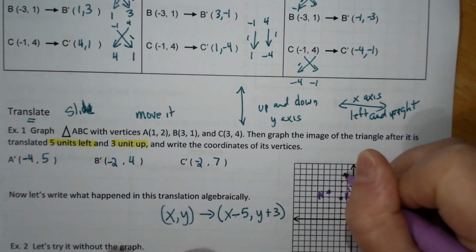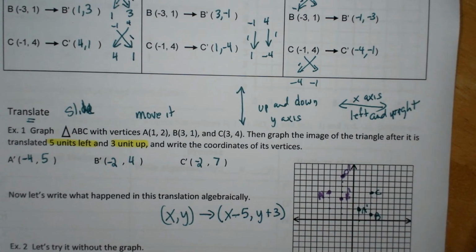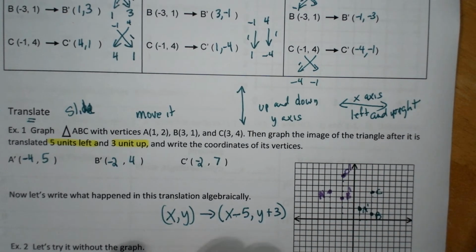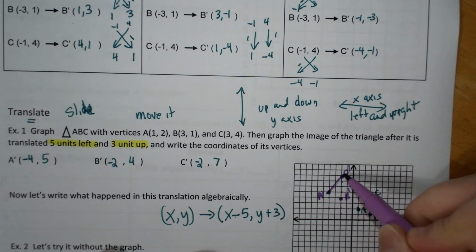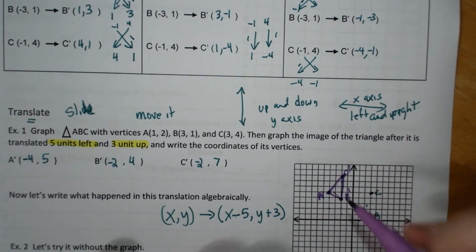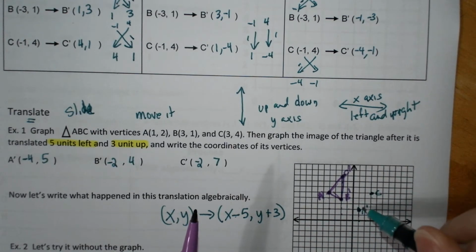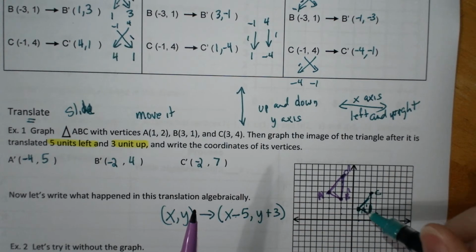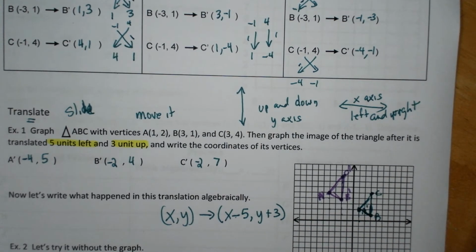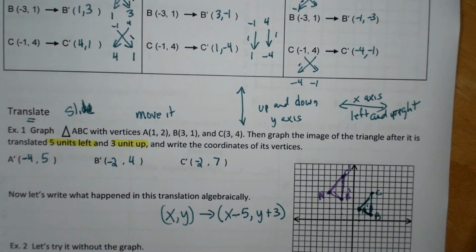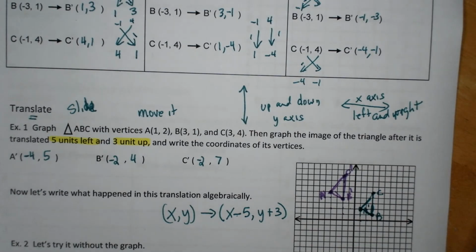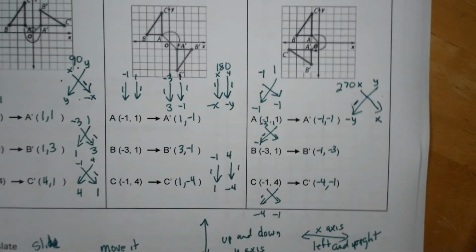And I'm going to have C prime. And so this is my new one right here, and this is my old one right here. And I know it's my new one because it has the primes. And translation just means slide it over and move it.